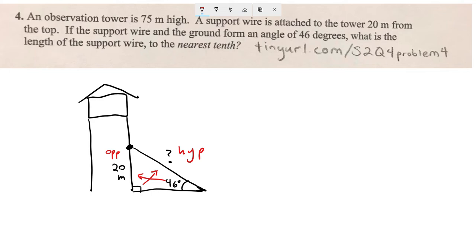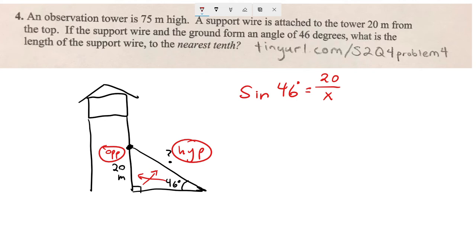I look them through and I decide that it's sine. So the sine of the angle, 46 degrees, is going to be equal to the opposite, 20, over the hypotenuse we don't know, so we're just going to call it x.